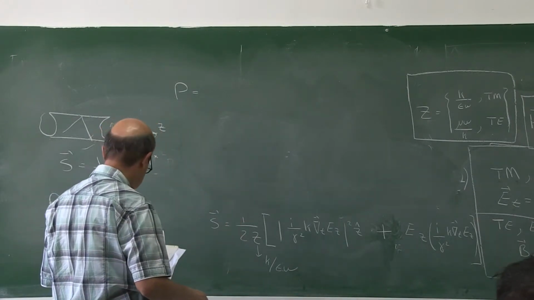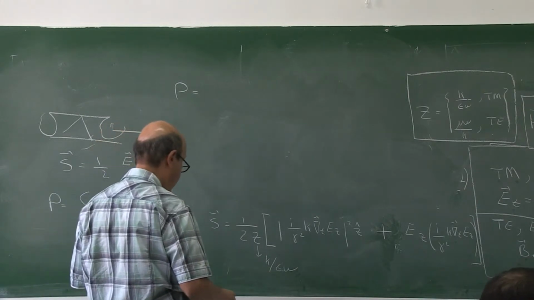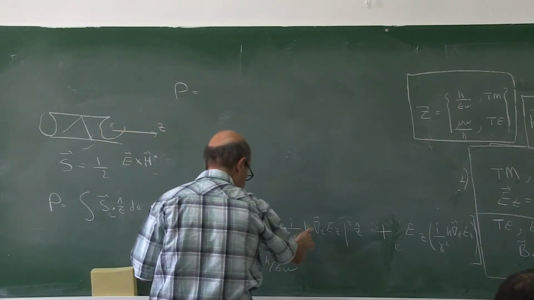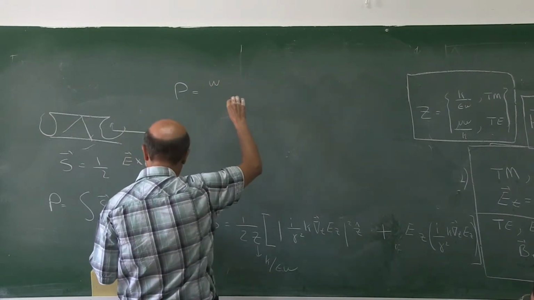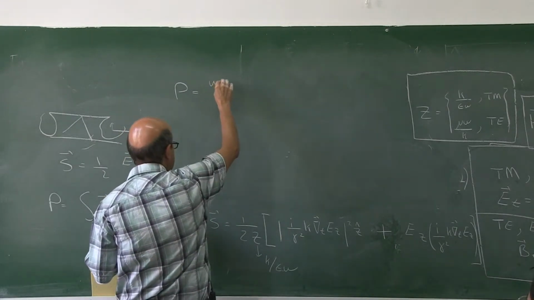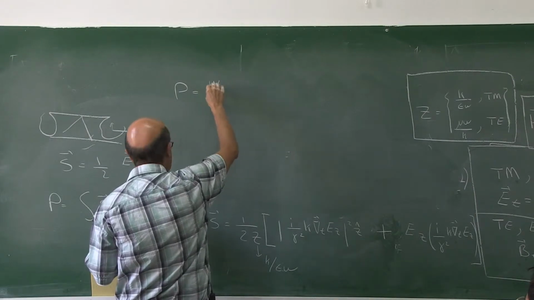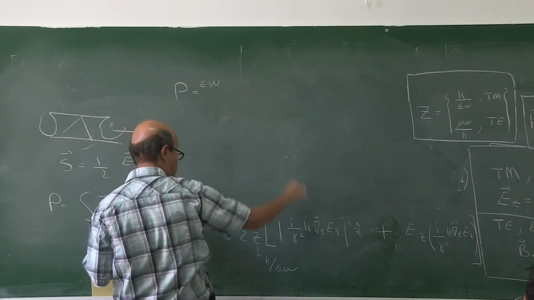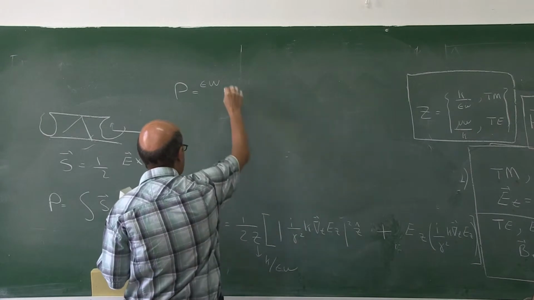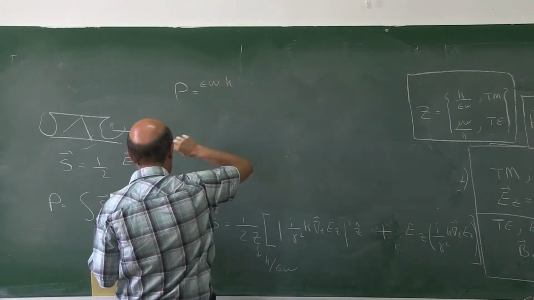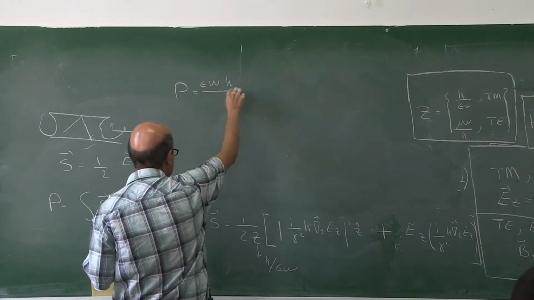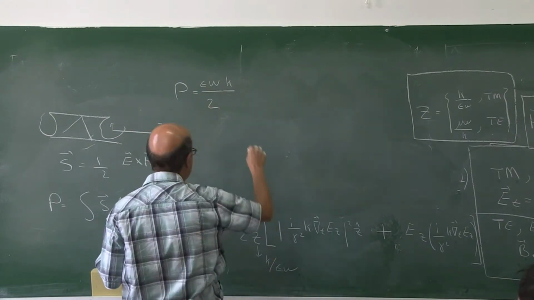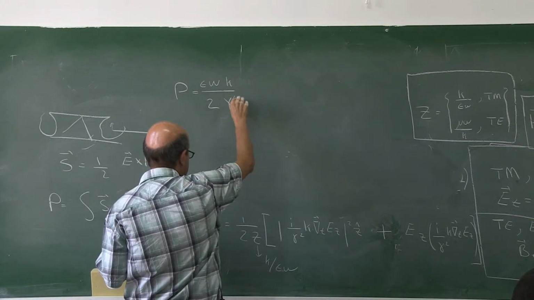So epsilon omega goes up, and this is k squared, k cancels. We can get epsilon omega k divided by 2, and I have gamma to the 4th.